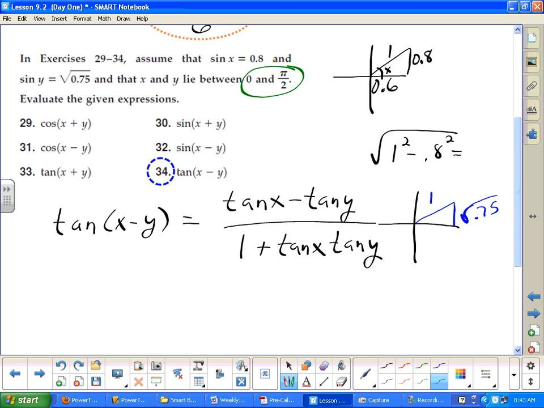Okay, so what's the adjacent side then? Or what's x? This is angle y.